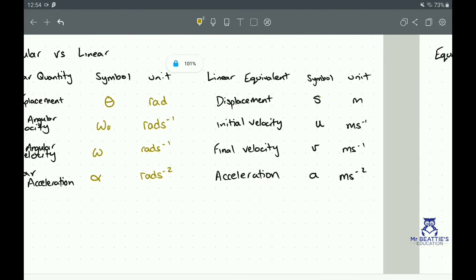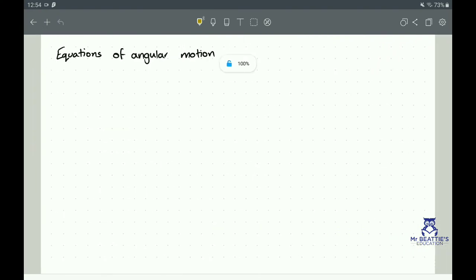So our angular velocity, omega, must be equal to d theta by dt. And using the same principle, alpha, our angular acceleration, would be equal to d omega by dt, which is also equal to d squared theta by dt squared.